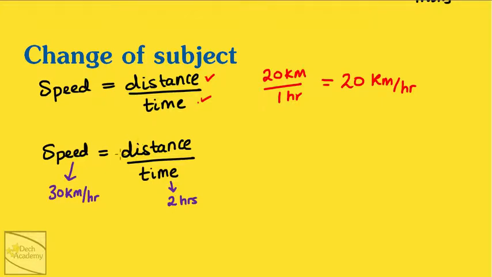They're now asking us the distance it travels in that time. So what distance did this object travel in 2 hours if it was moving at an average speed of 30 kilometers per hour? That's an interesting question, and that's one you are likely to face.